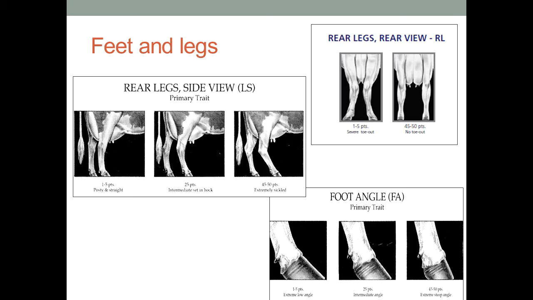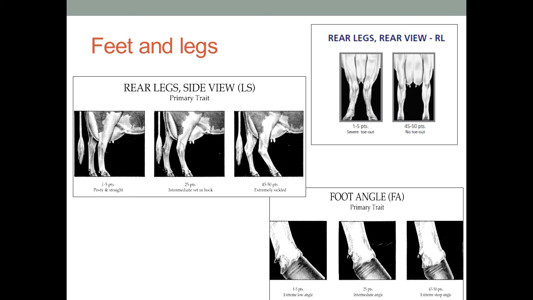An extremely sickled hock is a high score. A very straight hock is a low score. I remember this because a straight-legged cow, her leg looks like the number 1. And that's a mnemonic that works for me. The straight-legged, posty-legged cow scores 1 because that's literally what her leg looks like. This is a trait where the intermediate is desirable.